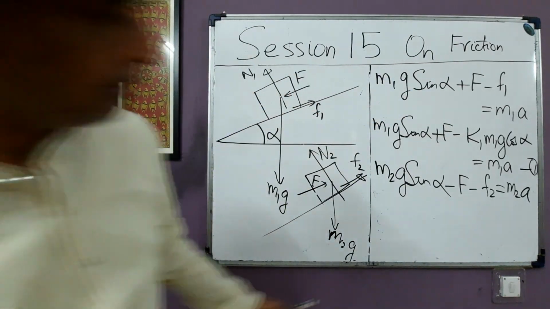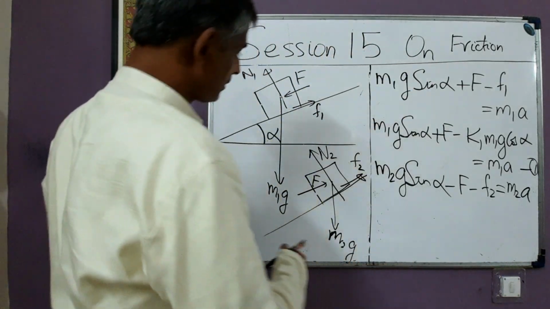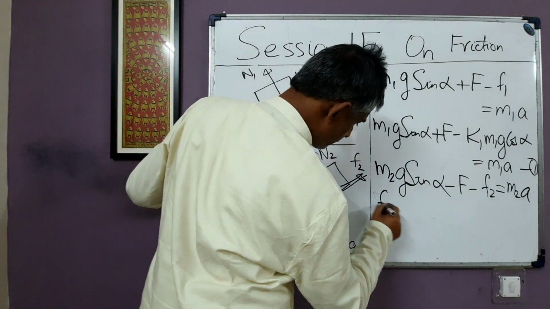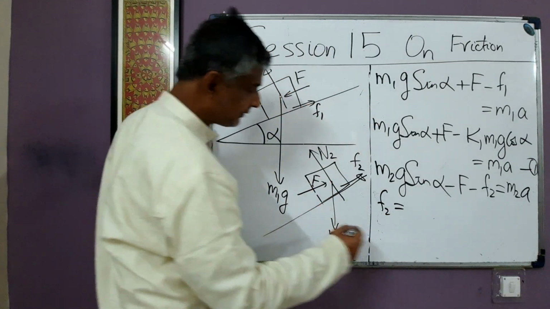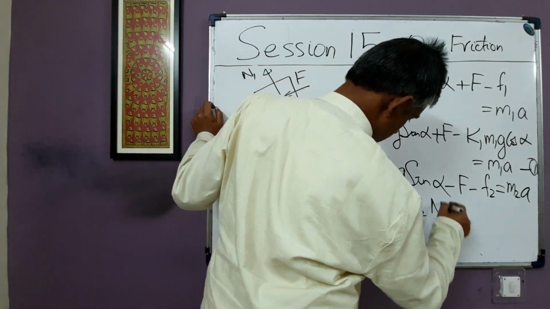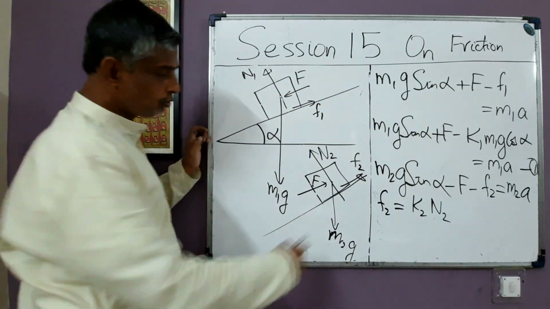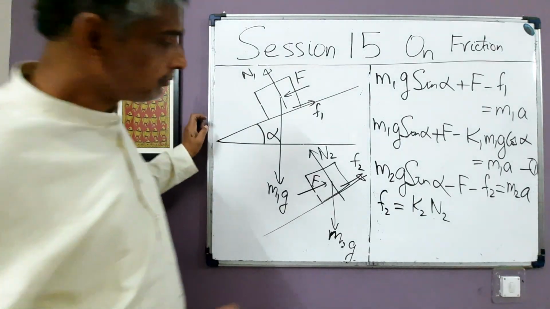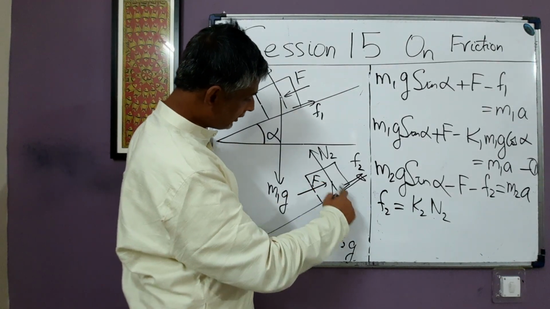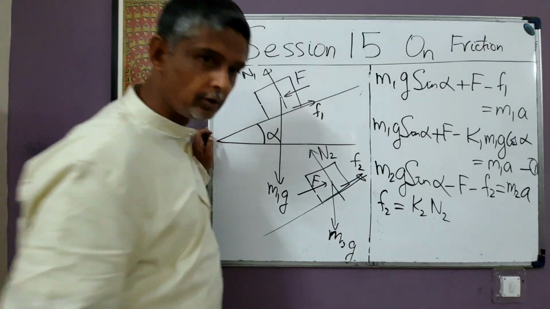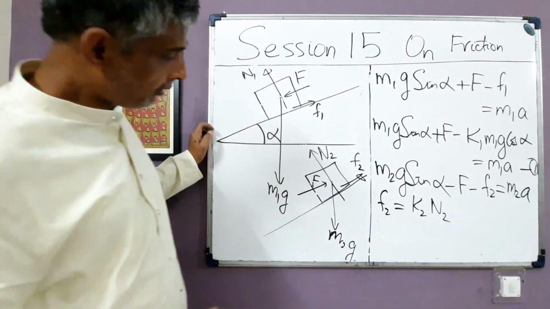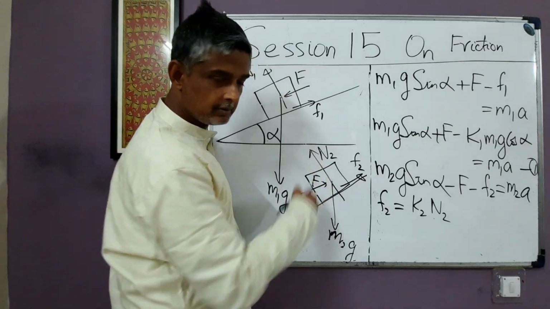Now we should remove F2. This block slips over this rough incline, so F2 is the kinetic friction on this block due to the incline, which is simply K2 times N2. Now to know F2 we must know N2. We apply Newton's second law to this block along this direction with respect to ground. In this direction F2 and F do not have any component; only these two forces have components in this direction.